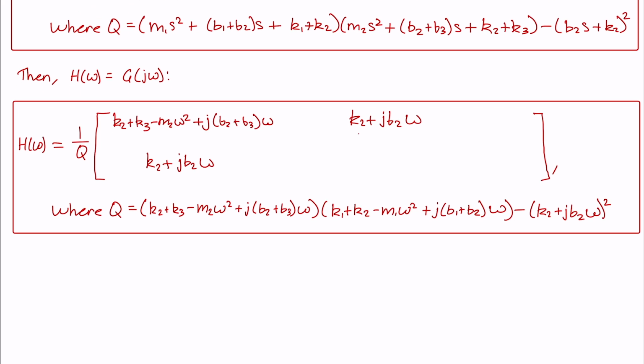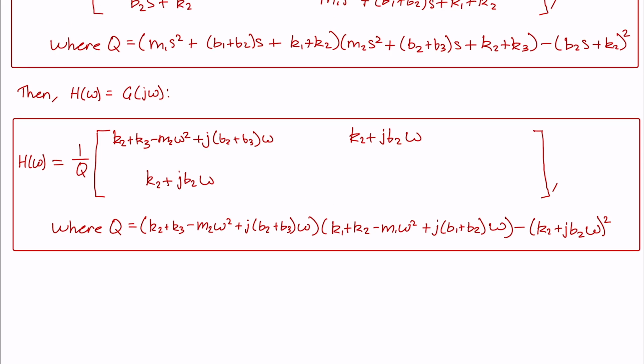And then this last term, we're going to get K1 plus K2 minus M1 omega squared plus j times B1 plus B2 times omega.